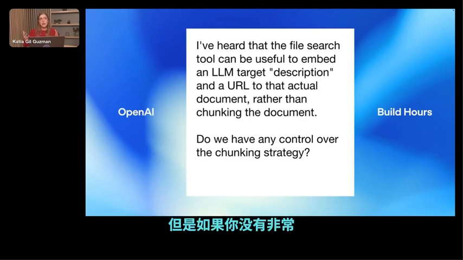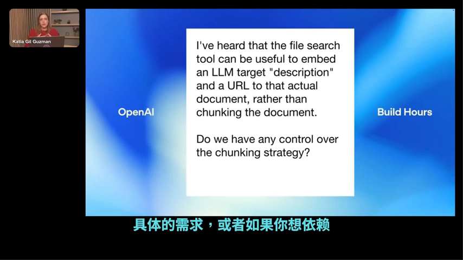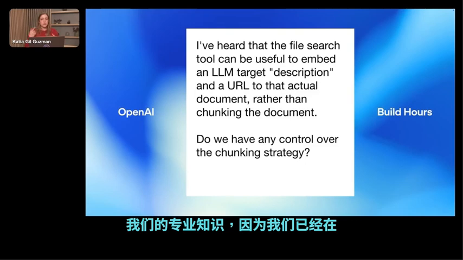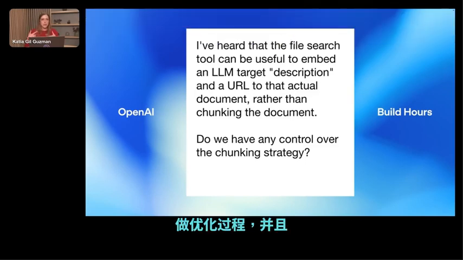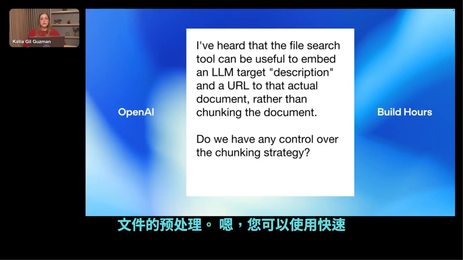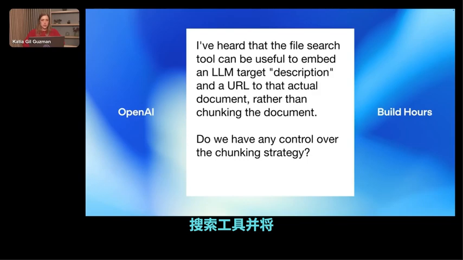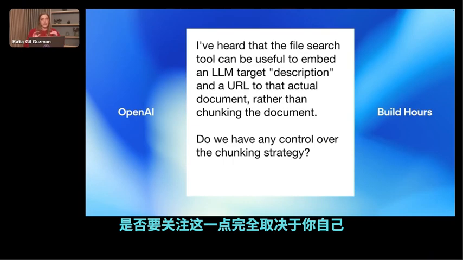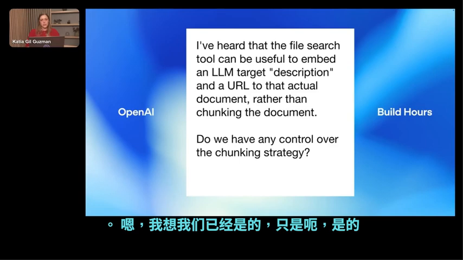But if you don't have very specific needs, or if you want to rely on our expertise because we're already doing that optimization process and already optimizing the pre-processing of the files, you can use the file search tool and offload that to us. So it's really up to you if you want to focus on that or not.